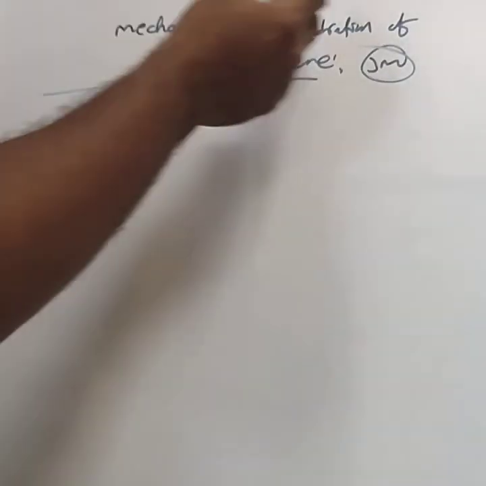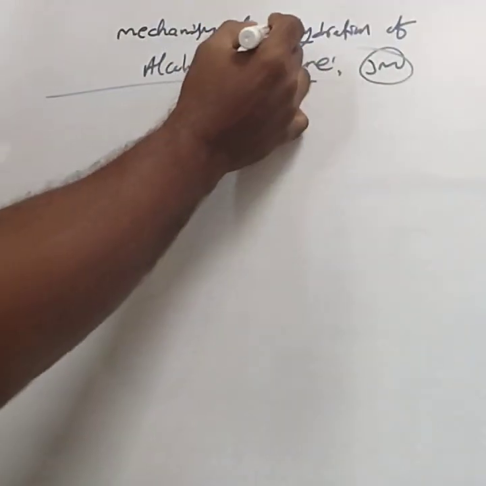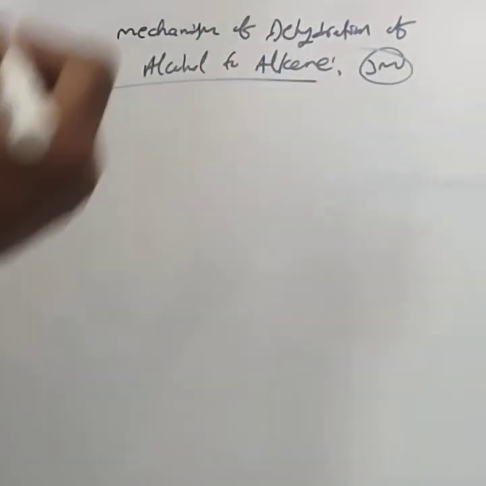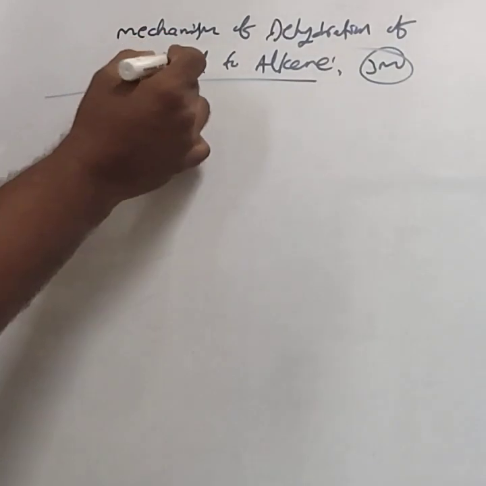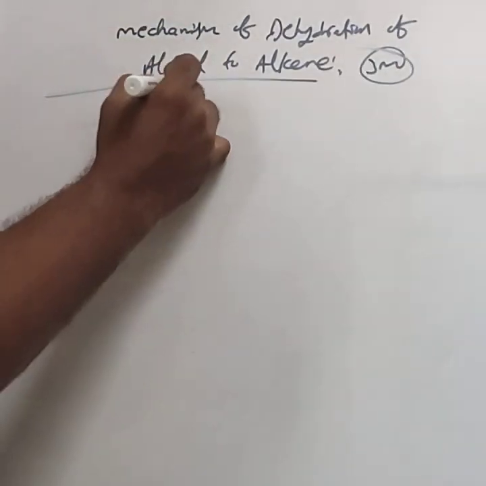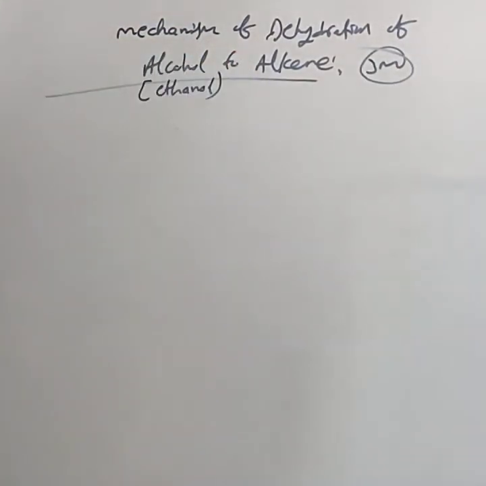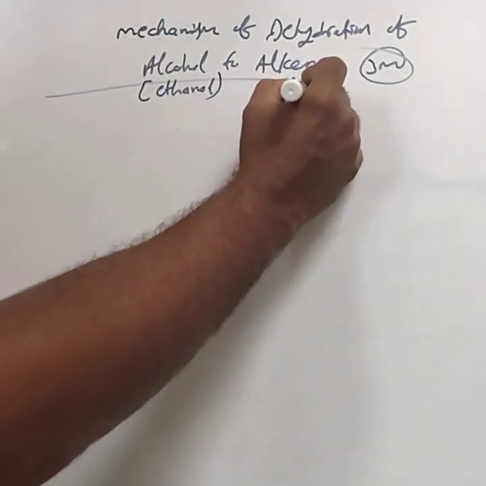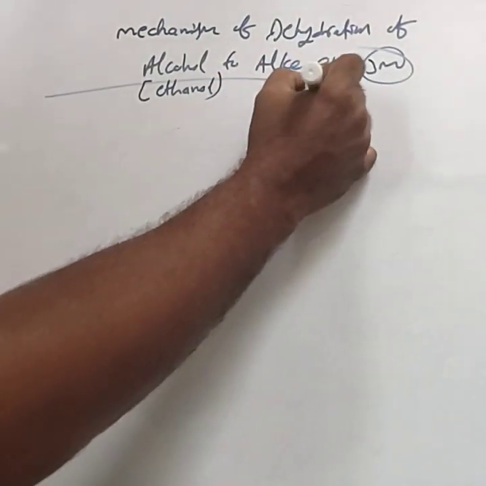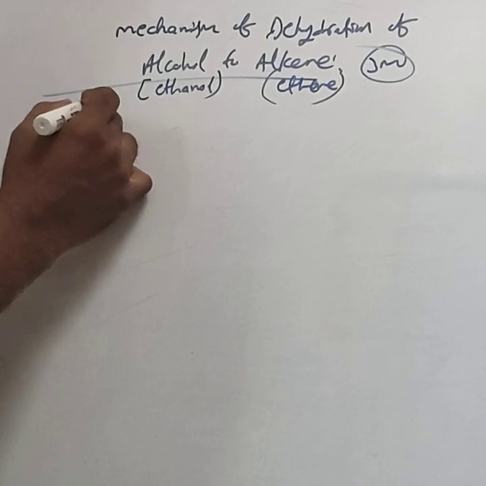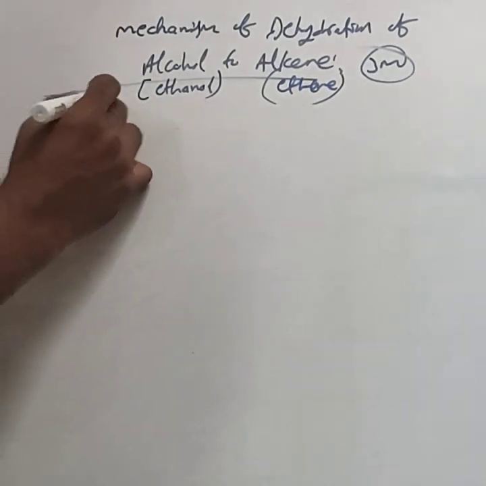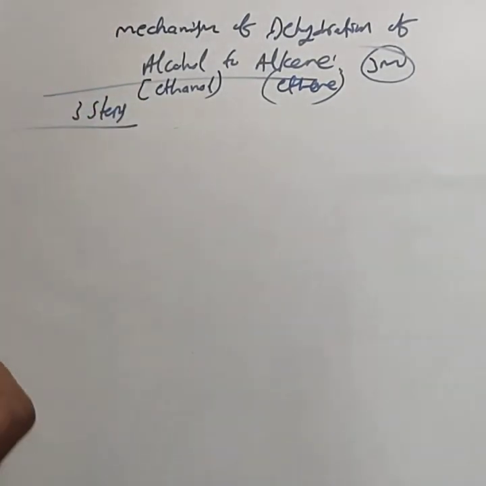In almost all examinations, they can ask this alcohol to alkene mechanism, or instead of alcohol they can consider ethanol to ethene. This mechanism consists of 3 steps.